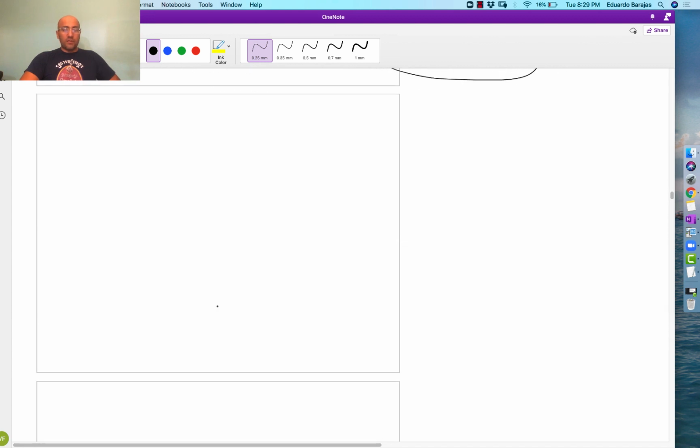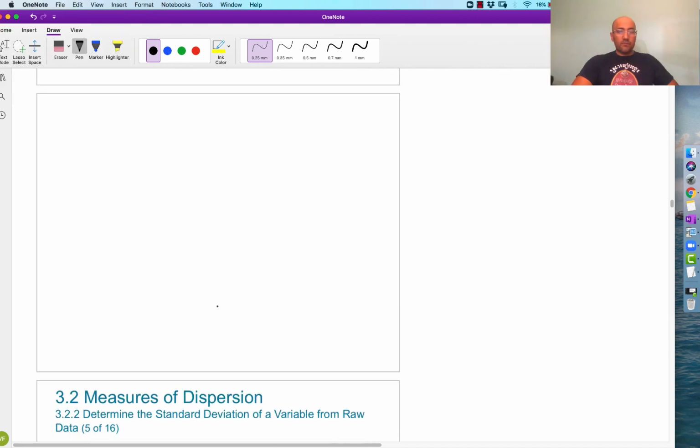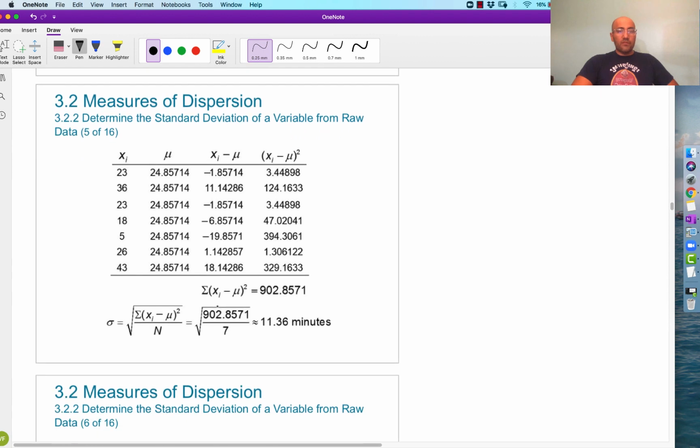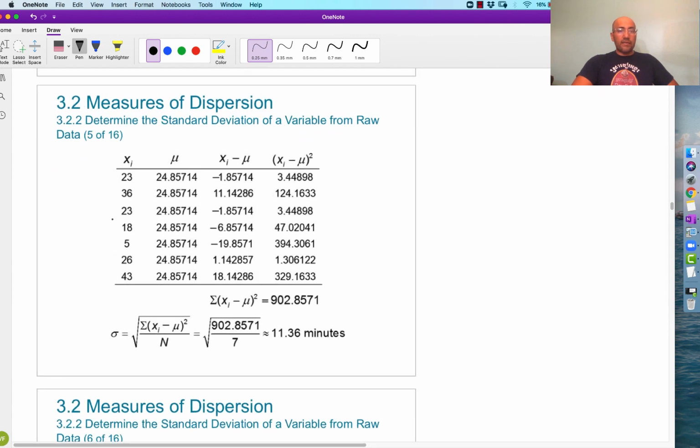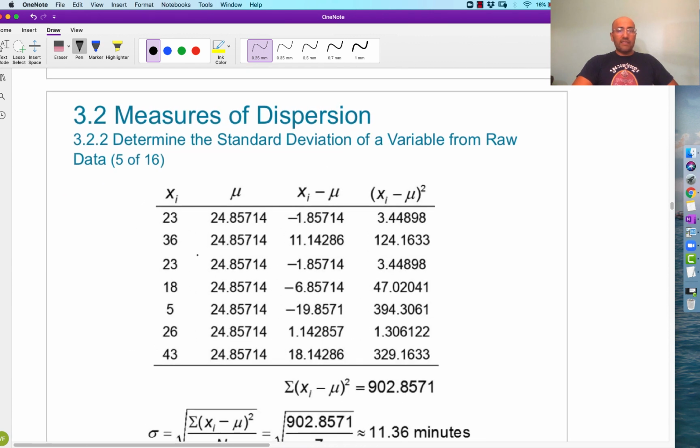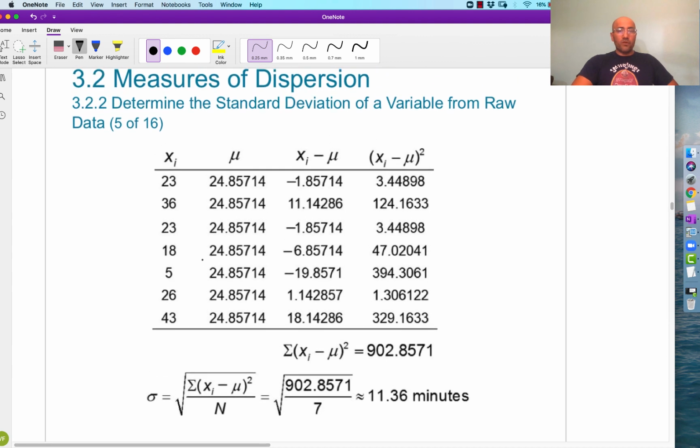Okay, so let's see what's next for us. Another way to organize it is with this kind of a thing, a nice table. This goes right along with what we were doing with our calculator.